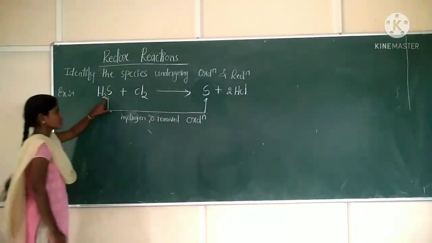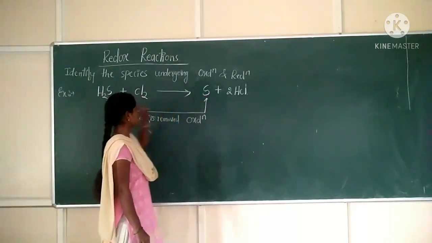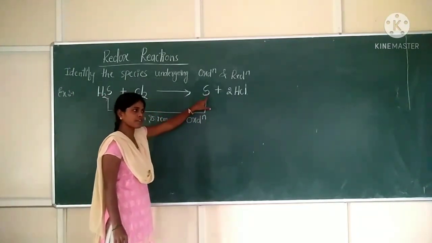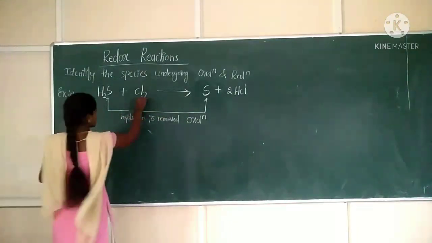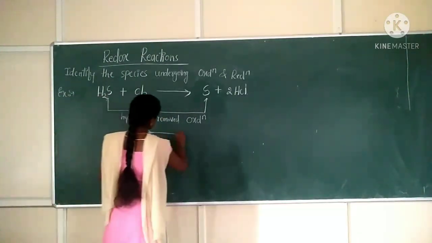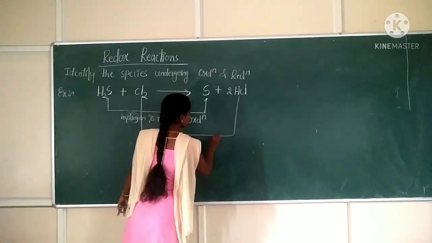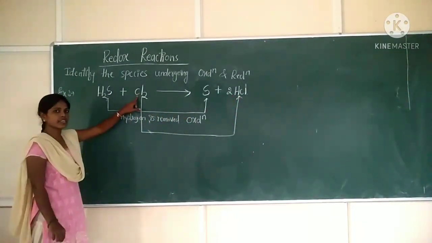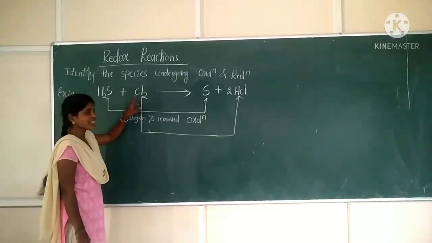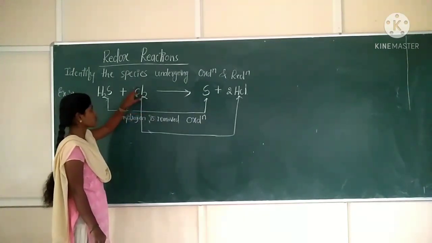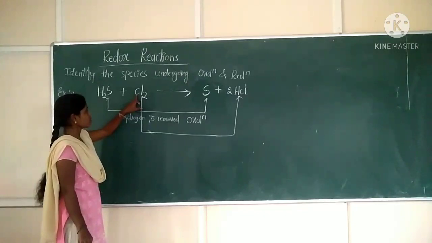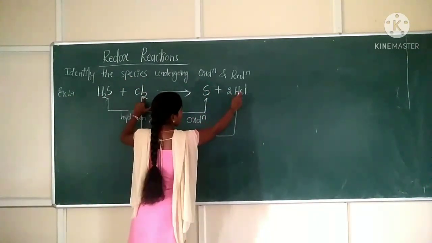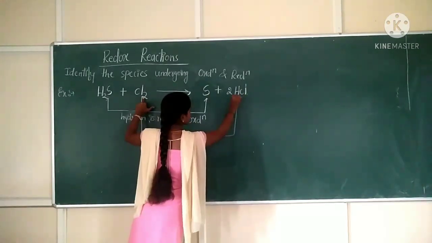H2S is undergoing oxidation to form sulfur. Now, the second process: Cl2 is forming HCl. At the reactant side, only Cl2 is present, with no hydrogen. But at the product side, along with Cl, hydrogen is there.